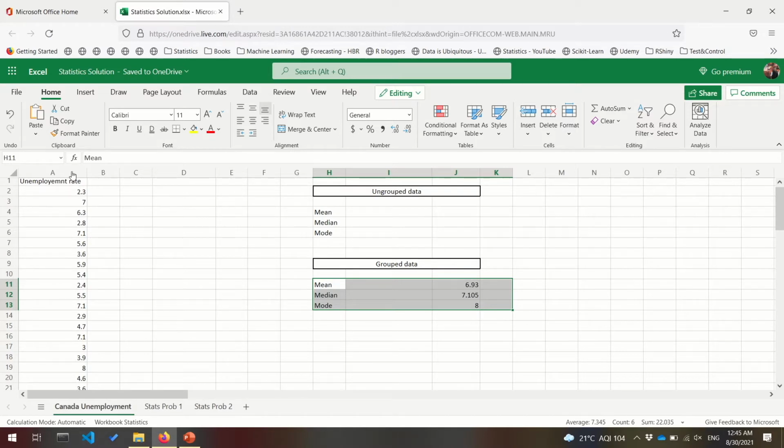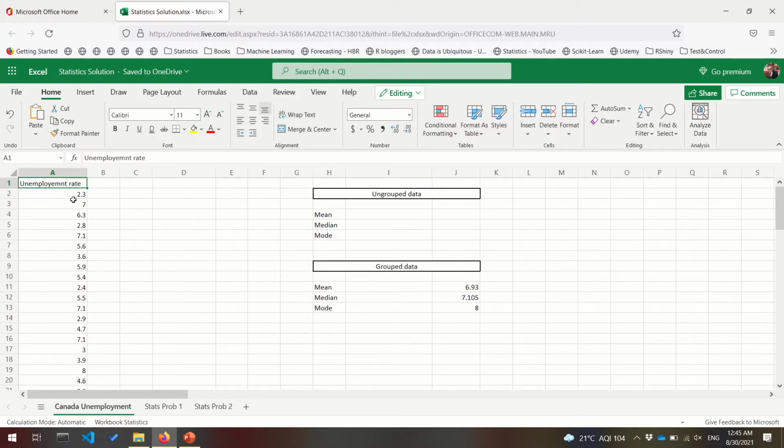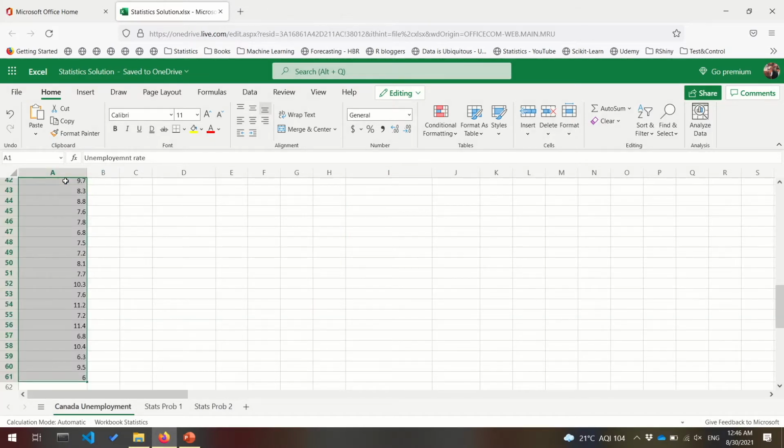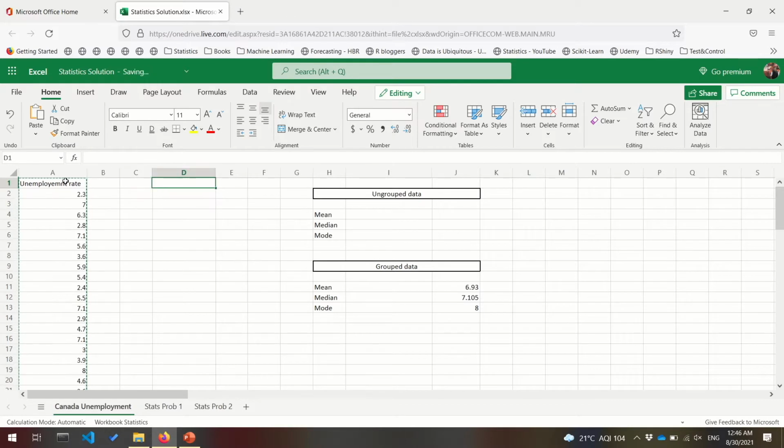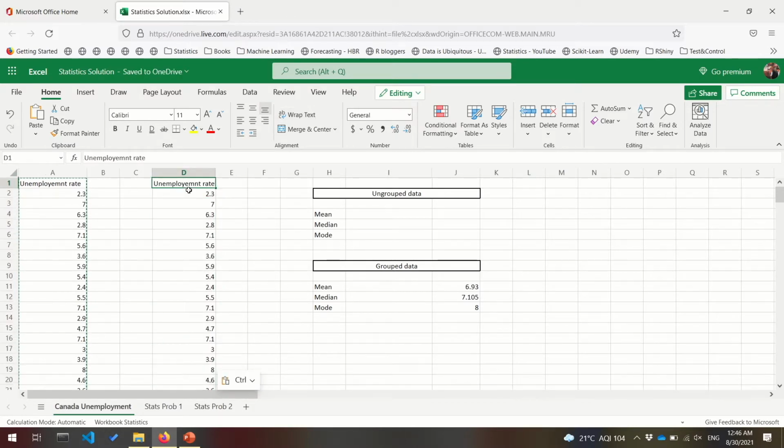I want to show you how different the values of grouped data are from the ungrouped data. This is the data, and this is certainly by year, like it will be, let's say, 1960, 1961, 1962, like that. But as we try to find the mean, median, mode, the central tendency of the data, the first thing we have to do is sort the data from ascending to descending.